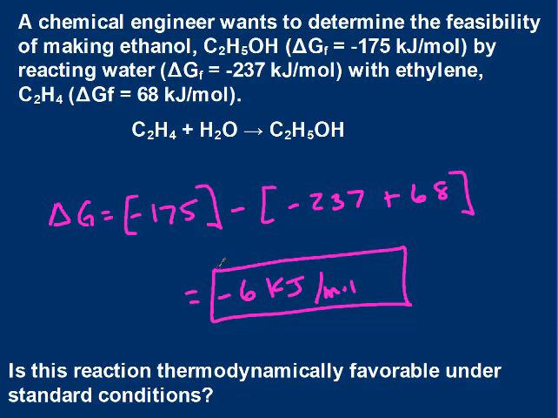So you should get negative 6 kilojoules per mole, which is thermodynamically favorable. So this reaction could occur as long as the kinetic data also says it's going to occur in a reasonable amount of time.